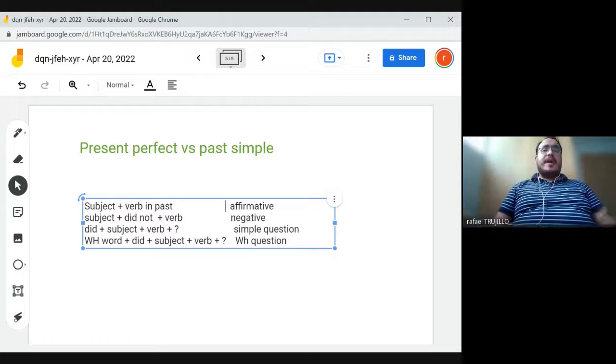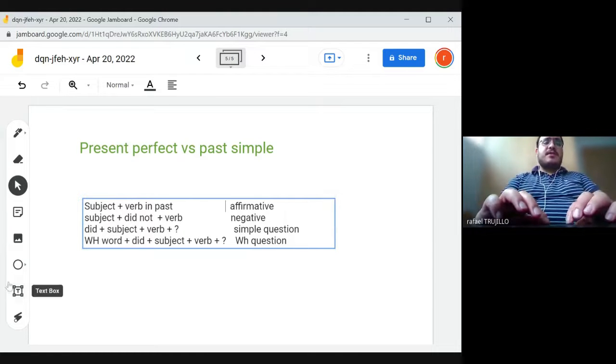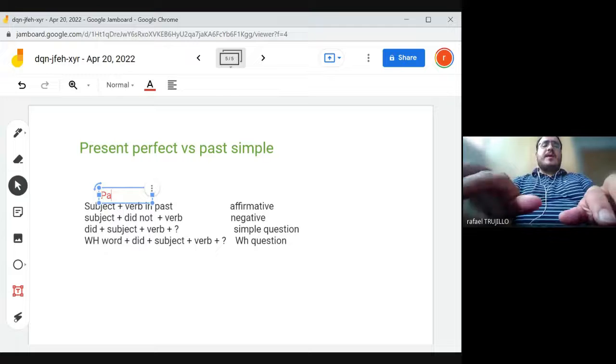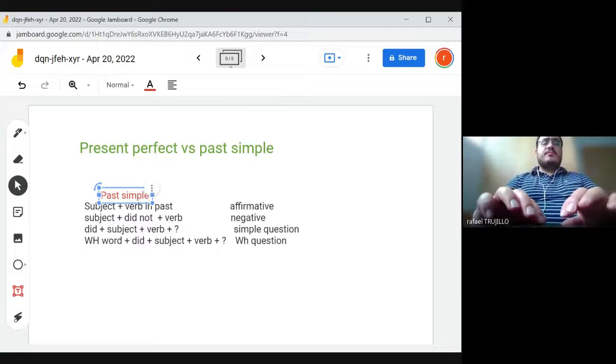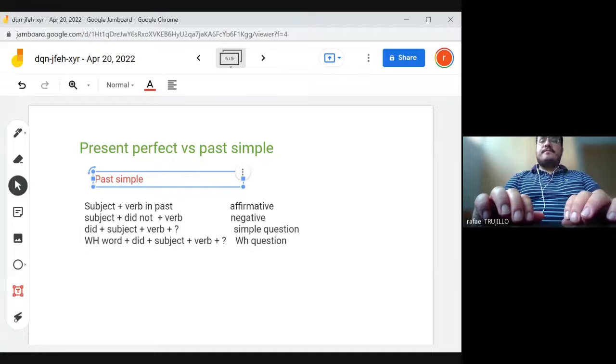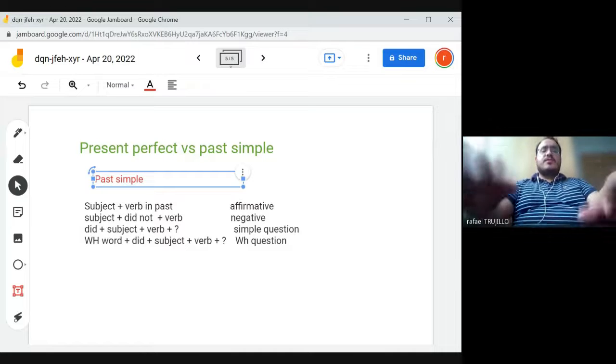And what does the past simple represent? ¿Qué representa el pasado simple? Can you remember? Think about it. Past simple. Very easy. It is a very, very easy thing to find out. Past simple is basically, what do you think?